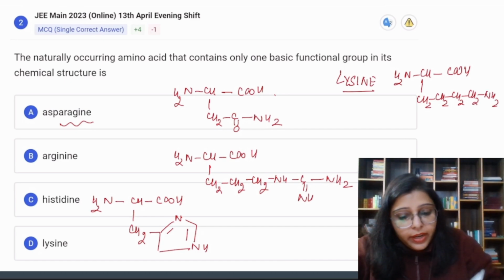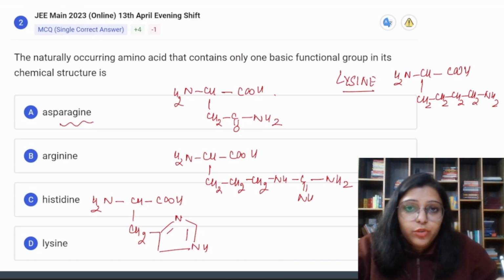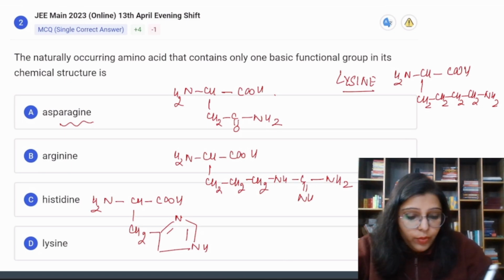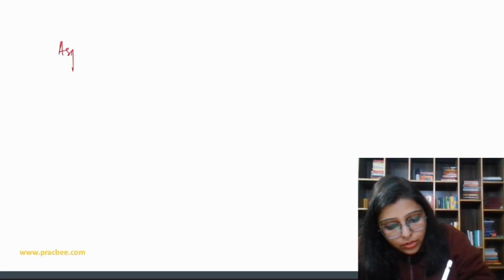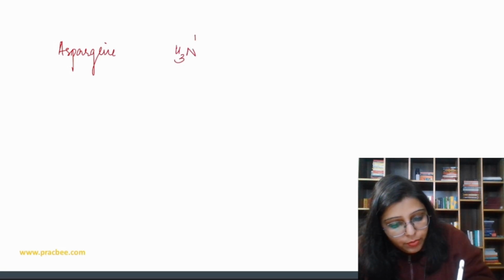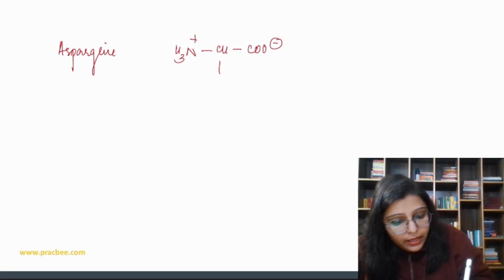Now the point is, only one basic functional group should be there. We know that amino acids exist in zwitter ionic form. So if I write the structure of asparagine: NH3 positive, CH, COO minus, and then CH2, C double bond O, NH2.